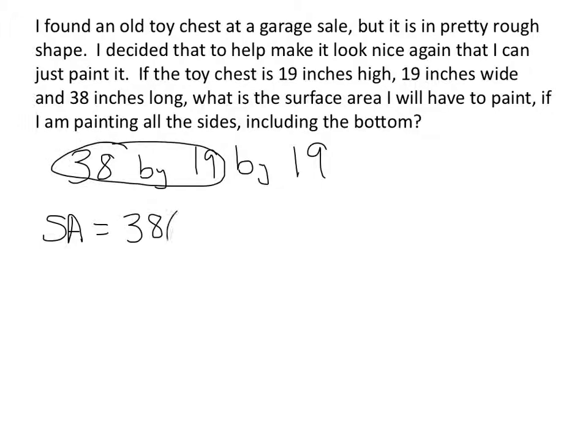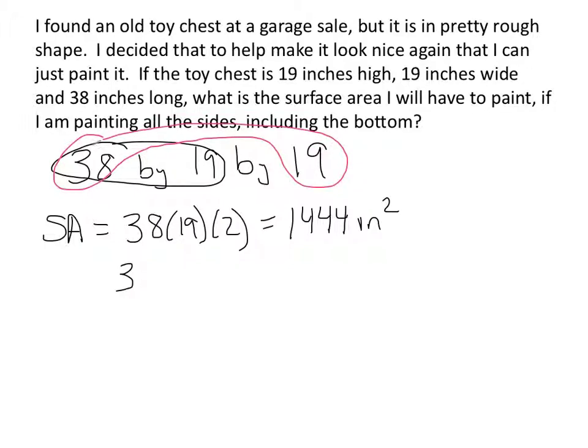So I have 38 times 19 times 2, which gives me 1,444 square inches. Now I'm actually going to do that same calculation again because I have my other side that's 19. So 38 times 19 times 2, which once again will give me 1,444 inches squared.